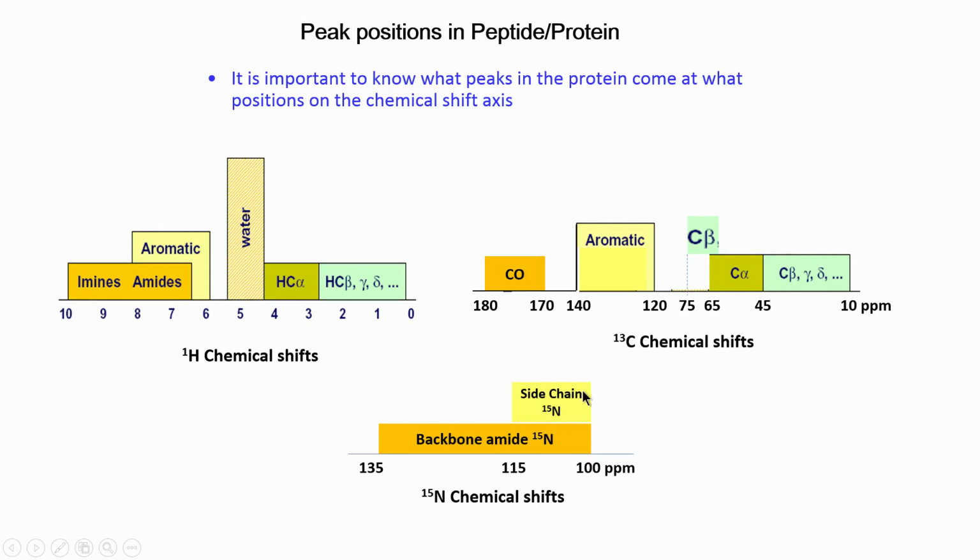So, when we count the number of peaks of HSQC, we normally have to take into account that side chains are also possible. So, we have to identify them and see them. These are the typical ranges of chemical shift for proteins as far as proton, carbon and nitrogen are concerned. One should have an idea of where which peaks come, so that helps to assign the protein.